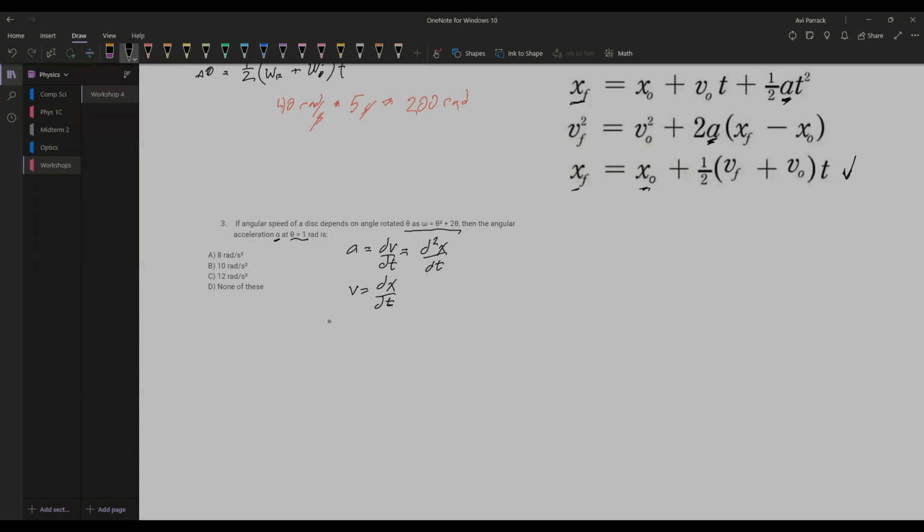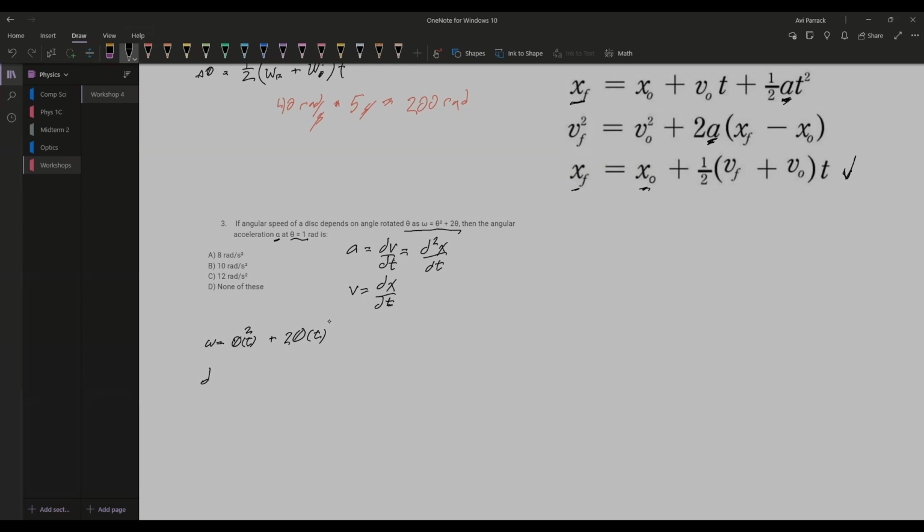So we're saying that omega is equal to theta squared plus 2 theta. And really, theta is a function of t, right? This is 2 times theta, which is a function of t. All right. So we're going to take the derivative of this.